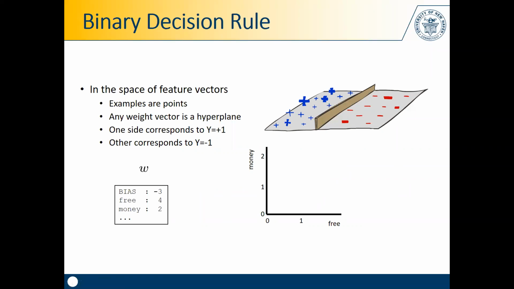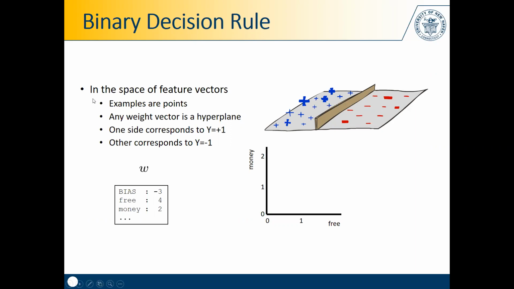Remember, this is an AI class. So when I talk about space, I'm not talking about outer space. In this class, the word space refers to a set, or let's say a multidimensional representation, a vectorial representation.